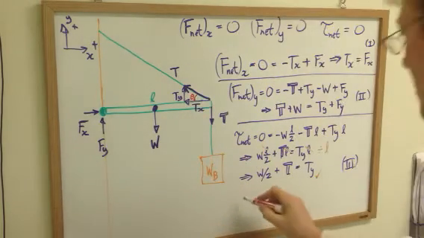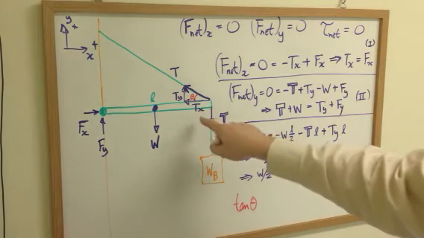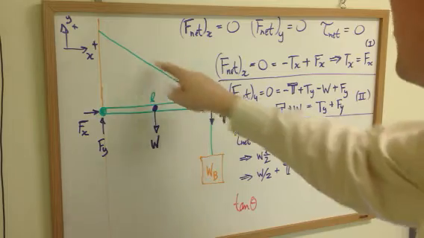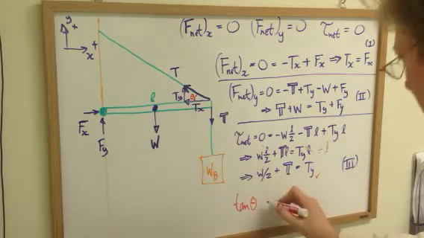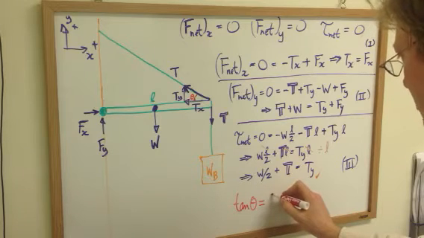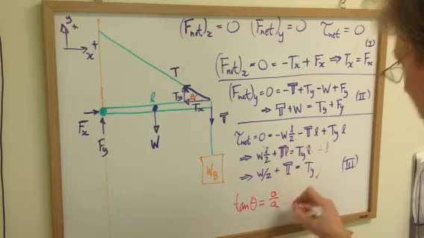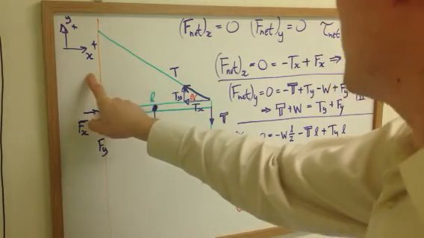We could say tan of theta. Now what am I trying to do? I'm trying to connect this vertical component to this entire T component. And I could say tan theta is equal to opposite over adjacent. And the opposite side is here.